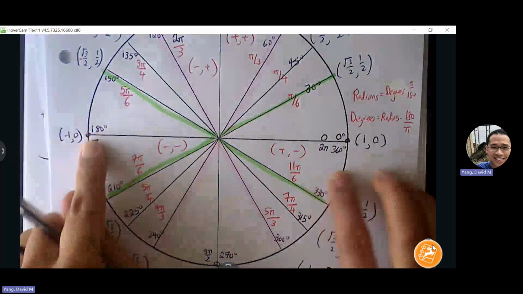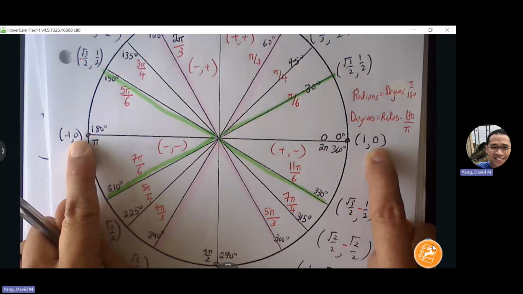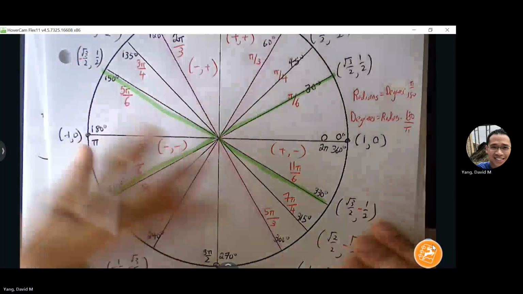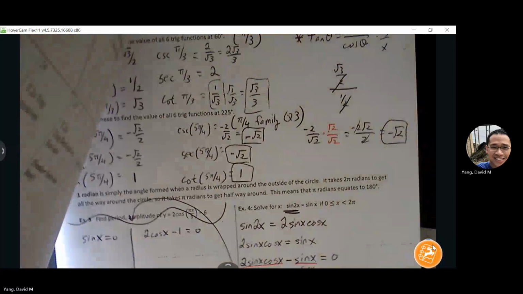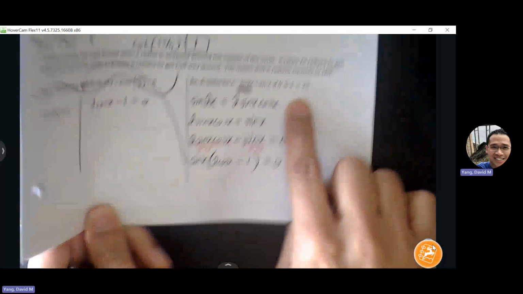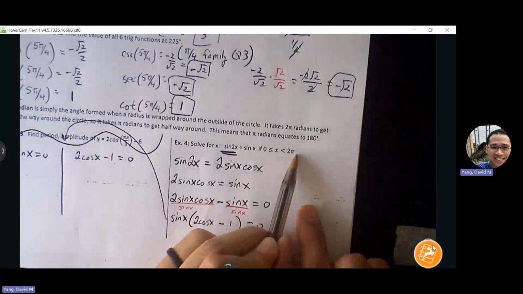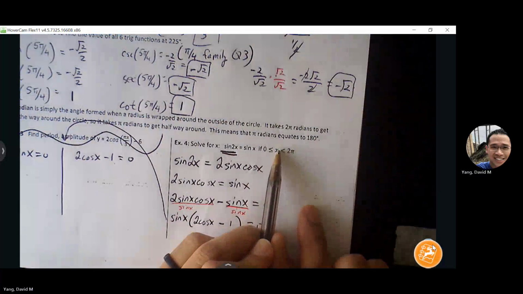So the only place that I have y being 0 is at 0 and pi. And we know that we don't include 2 pi because our domain does not include 2 pi, so just 0 and pi.